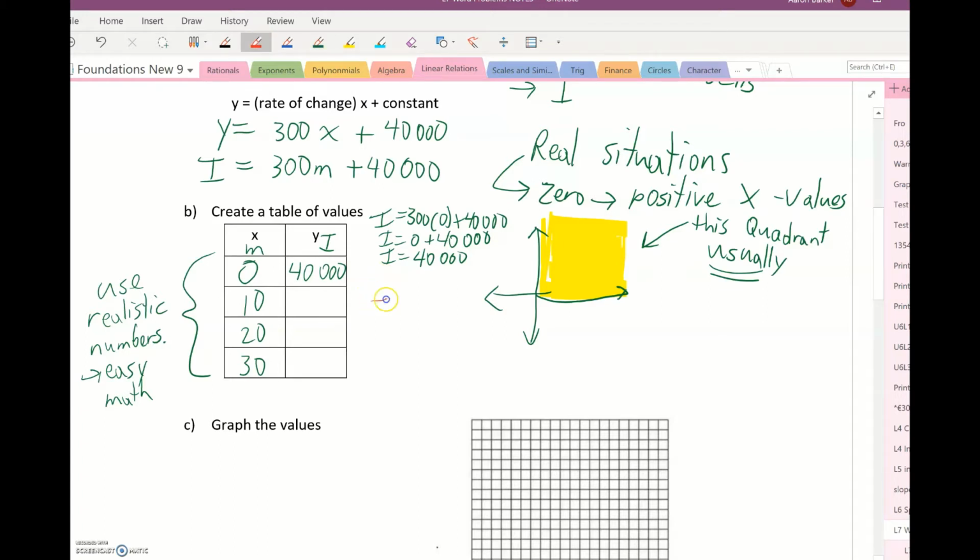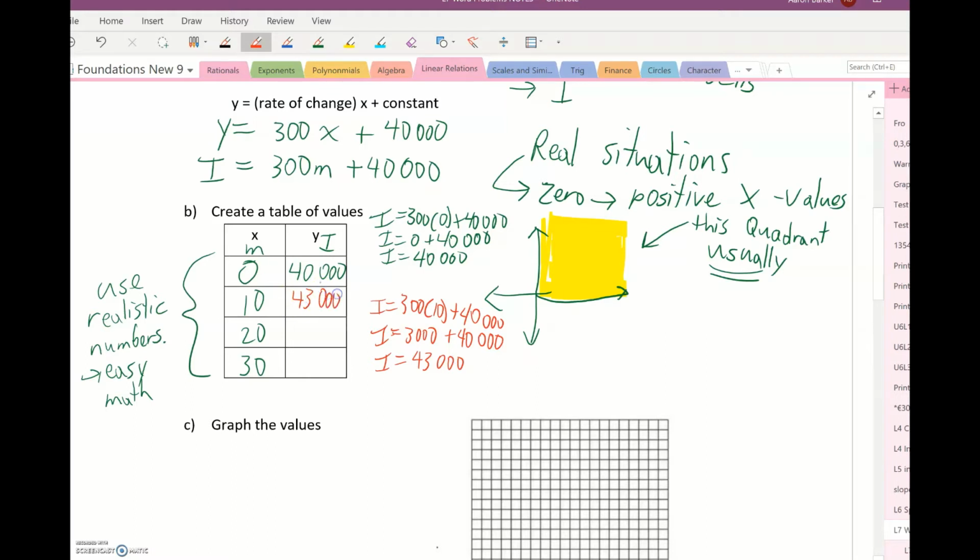So then we can substitute in I equals 300 times 10 plus 40,000. And you guys see where this is going. Okay. And so I equals 3,000 plus 40,000. Do you see why I chose 10? It's an easy number to work with. Okay, and so his income is 43,000.